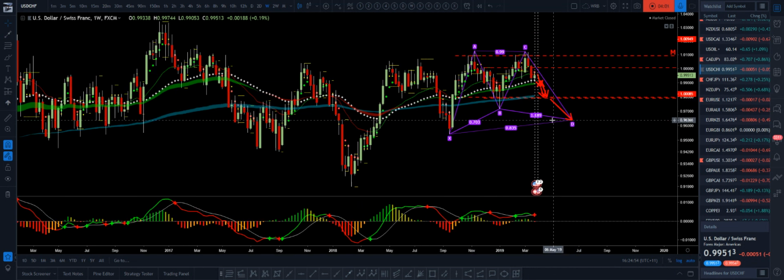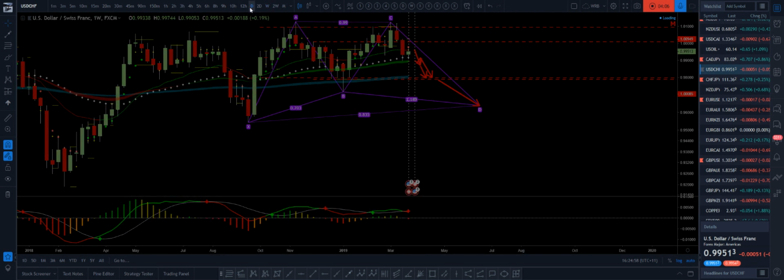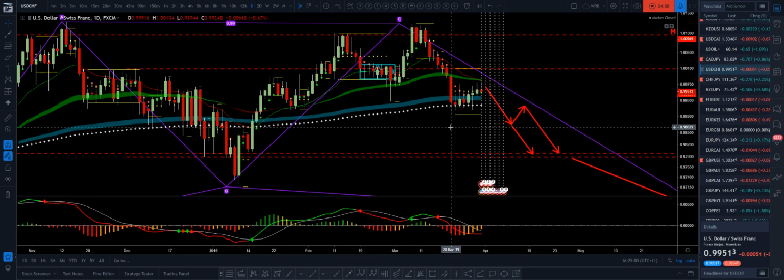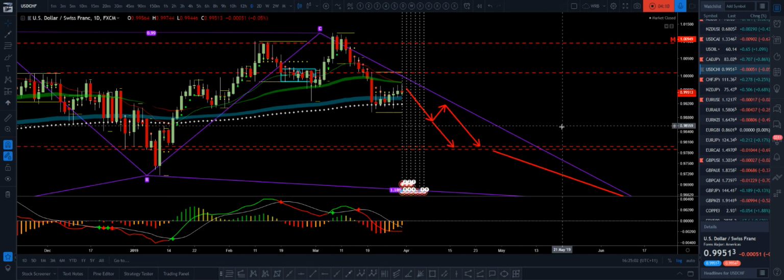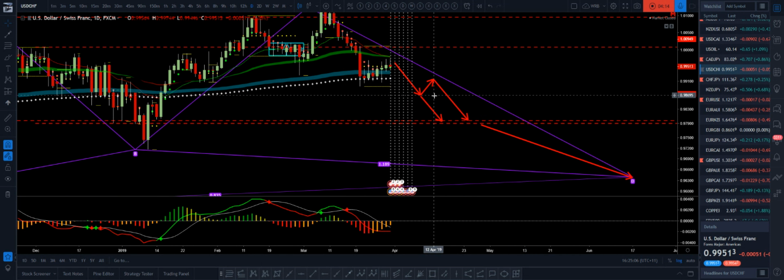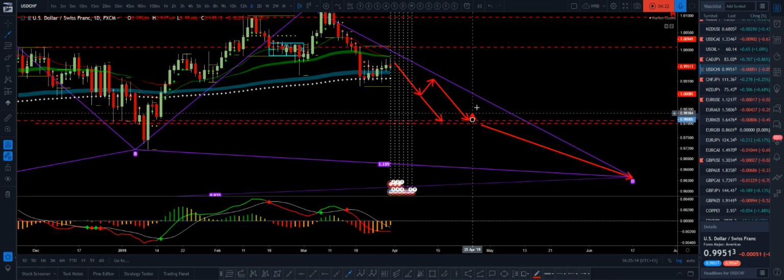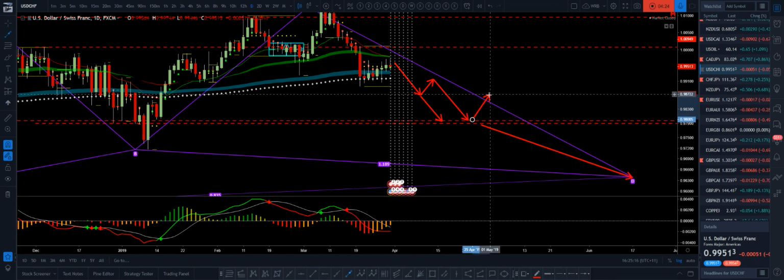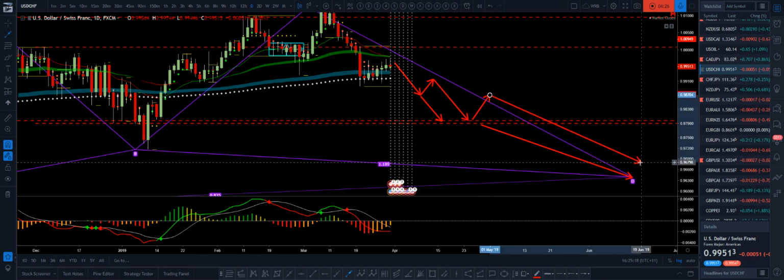But the first stop we're going to have a look at is the first target. I shouldn't say stop, but target. It should be 98.70 or 60, and then 98, and then have a look at the formation. Maybe a little bit up, and then heading lower.